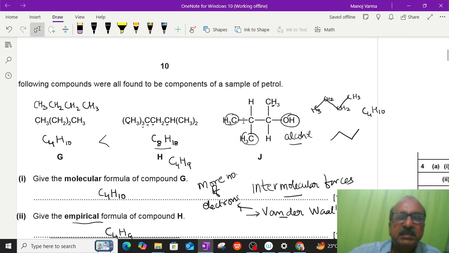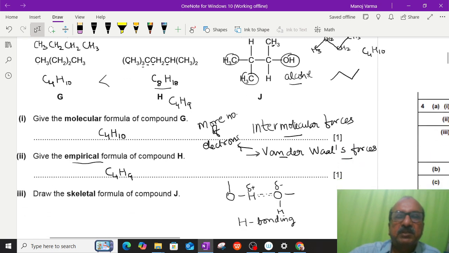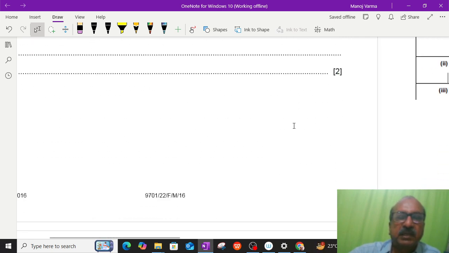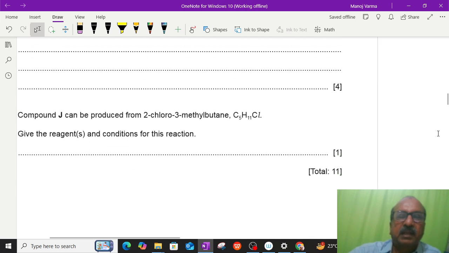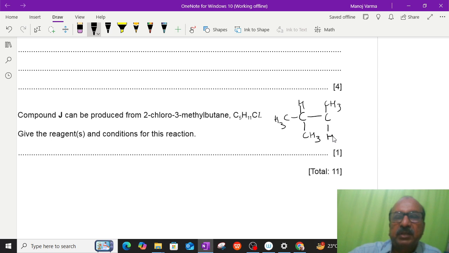So you have got the carbon, you've got two methyl groups, H and then OH. Let's draw this. There is a C, then there is a CH3, there is a CH3, there is an H, there is the C, there is a CH3, and there is an H, and there is an OH. This is what it is.